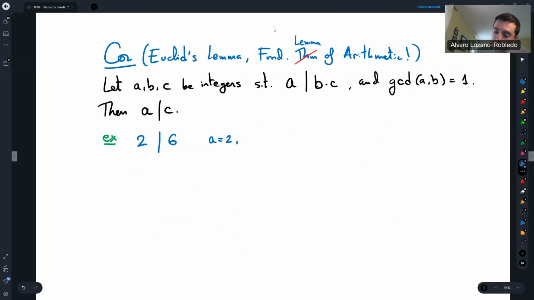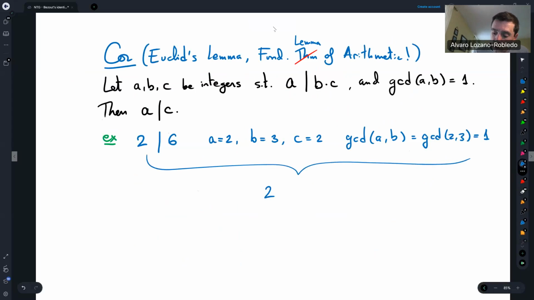So pick B to be 3 and C to be 2, so that it is true that the GCD of A and B, the GCD of 2 and 3, is 1, and therefore, because of all of these conditions, 2, which is A, must divide 2, which is C. Okay, so it is true in this case that if 2 divides 3 times 2, 2 divides one of the factors.